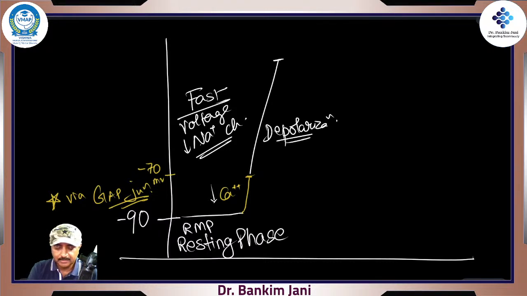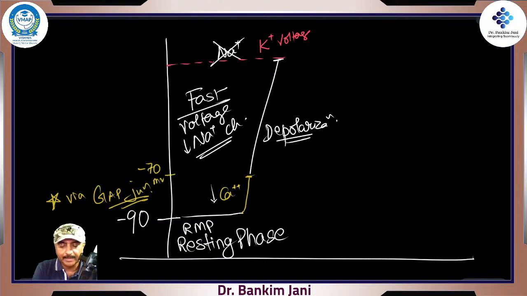At the peak, the sodium channels say, that's it, our work is done, so they close, right? But this is where the potassium channels come into the picture. So potassium channels open. These potassium channels are also voltage gated, because they get operated at plus 20, right? Once potassium channels start, they don't close that fast.